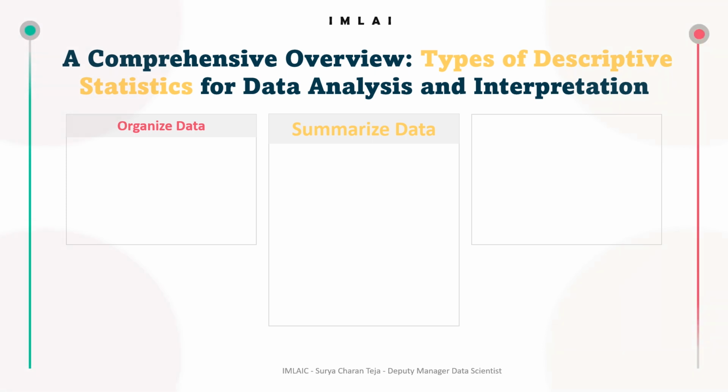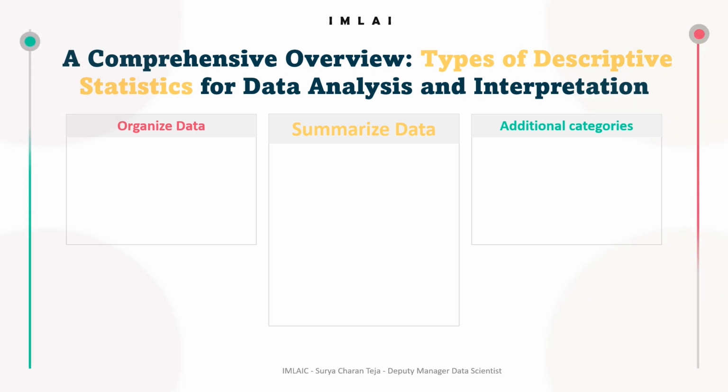So here the summarized data category consists of various tools that are used to do the summary of the data, such as we have done in our previous example where we have taken the average of class A and average of class B so that we can answer the question which class is smarter. Then third one, what we have is additional categories. Here we'll have a few more additional tools that were put into the additional category.